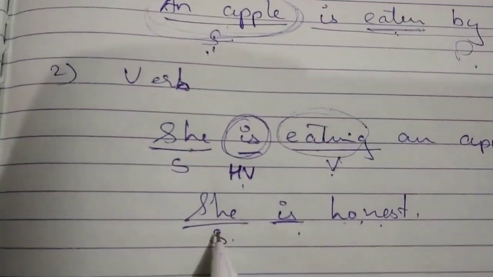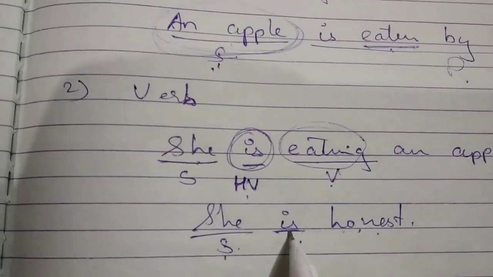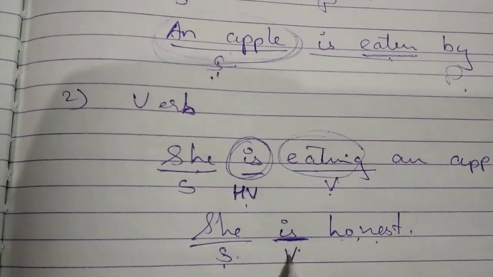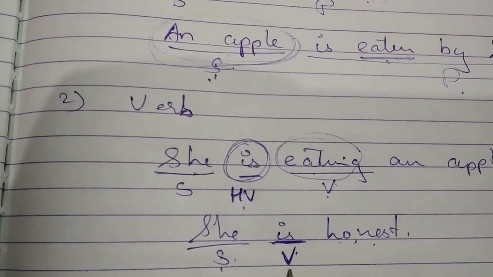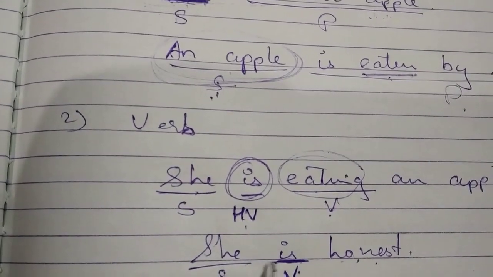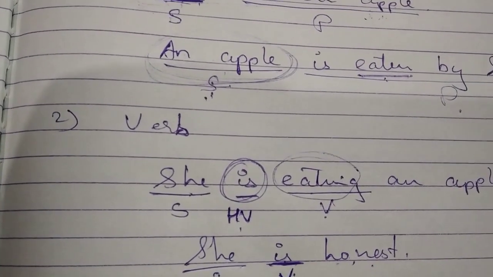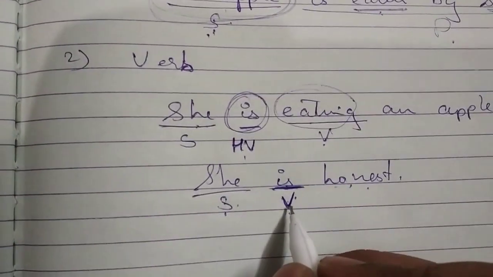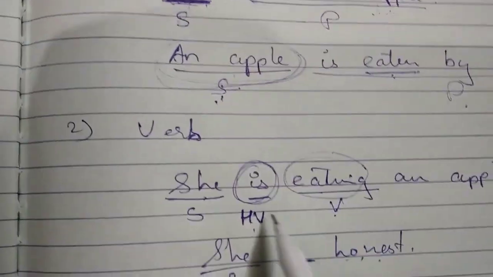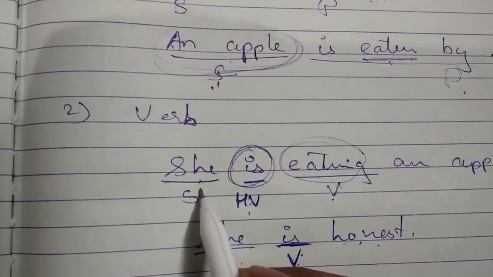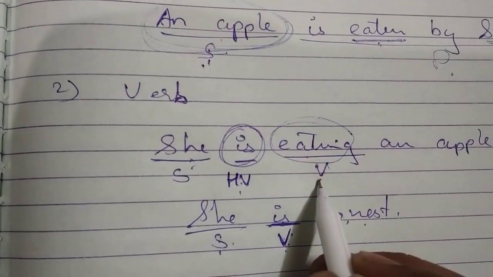So over here, she is the subject, then is. What is is? Is is the verb. Here you won't say that is is a helping verb. Here it is the main verb. Earlier it was a helping verb because she was doing an action, and that action was the main verb.